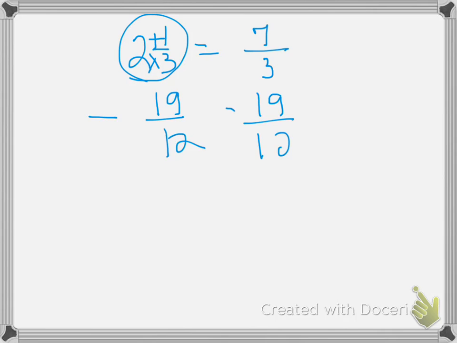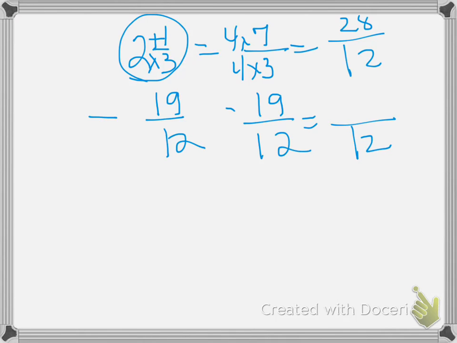Again, you have to have a common denominator to subtract. Common denominator will be 12. This you have to multiply by 4. 4 times 3 is 12, so 4 times 7 is 28. This is already in 12, so I don't need to do anything to it.